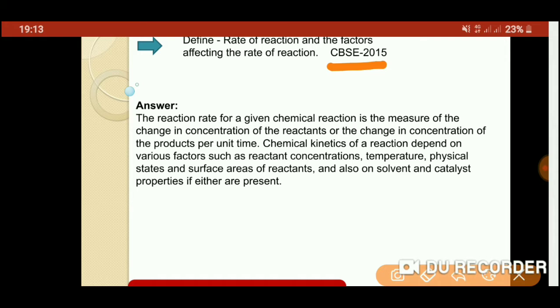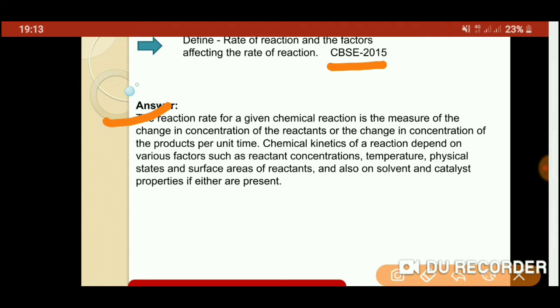The answer says that the reaction rate for a given chemical reaction is the measure of the change in concentration of the reactant, or the change in concentration of the product, per unit time. If you look at the change in concentration of the reactant and product, you find the difference between the amount of reactants and products, so you will get the rate of reaction per unit time.